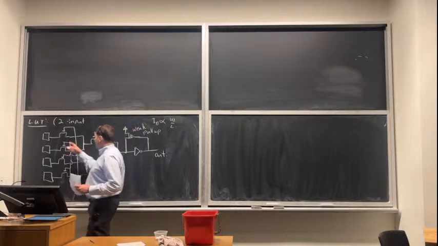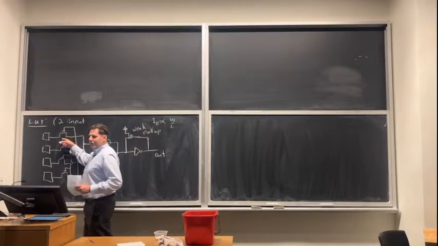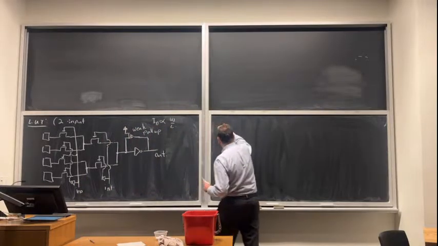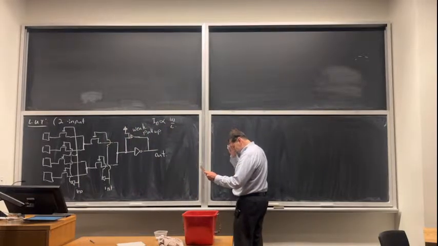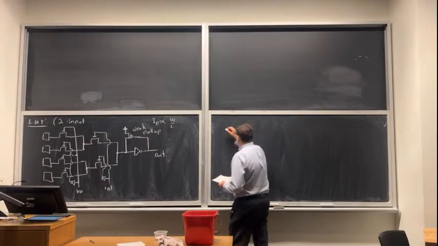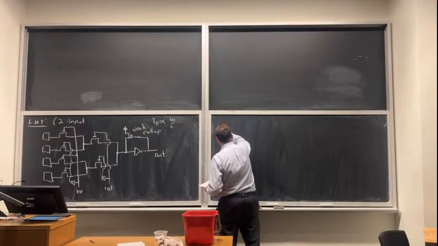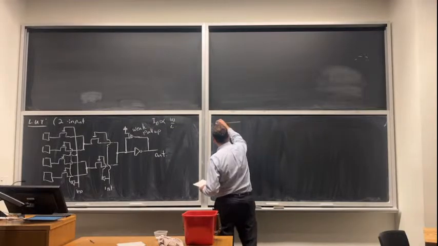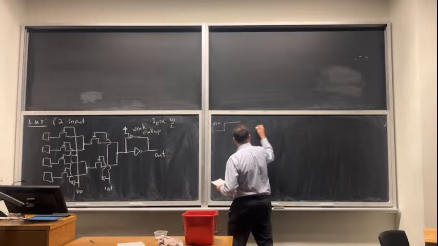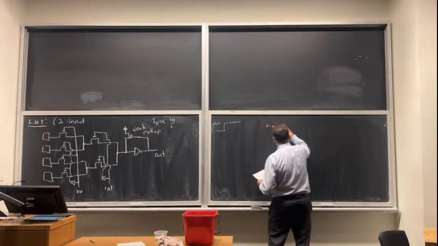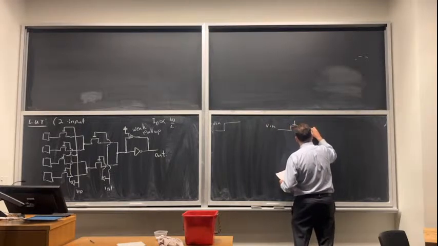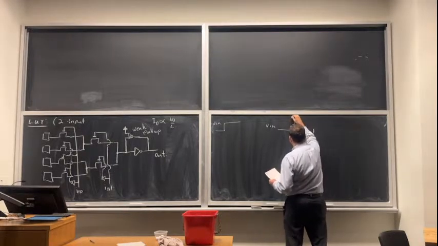Okay, so pass transistors, these are NMOS pass transistors. So if an NMOS pass transistor, let's see, did I actually write any of this down? Okay, we'll see if I make any mistakes while I'm doing this. Say this is V in, and I've got a pass transistor, and V out, and I've got a logic 1 here.